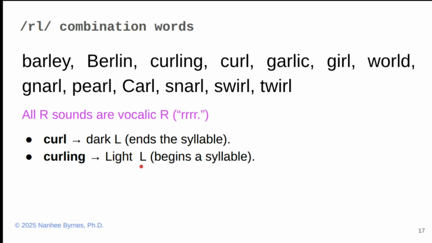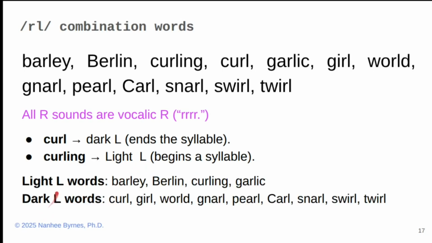Light L words, L begins the syllable: barley, Berlin, curling, garlic. Dark L words, L comes at the end of the syllable: curl, girl, world, gnarl, pearl, carl, snarl, swirl, twirl.